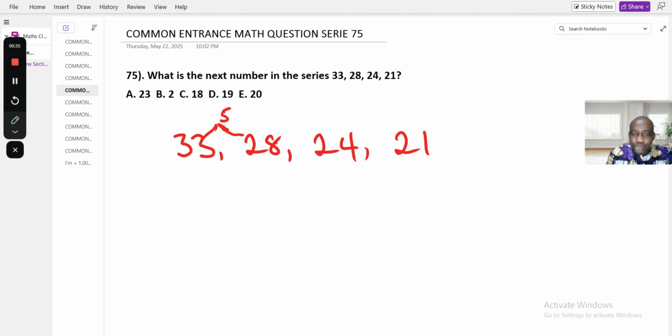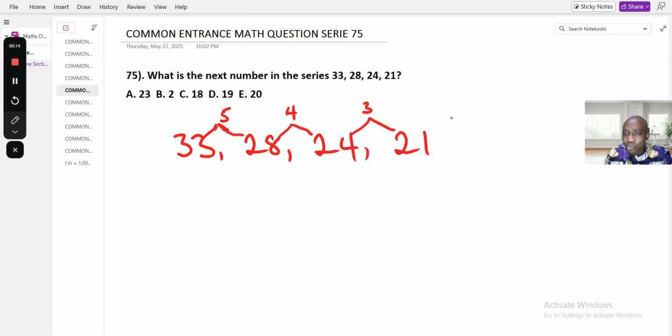What is the difference between 28 and 24? That will be 4. 28 minus 24 is 4. What is the difference between 24 and 21? That will be 3. If you look at this, you see that the difference is reducing: 5, 4, 3.